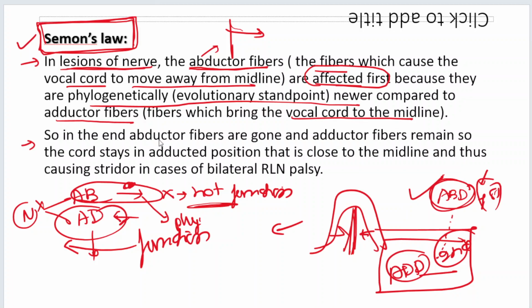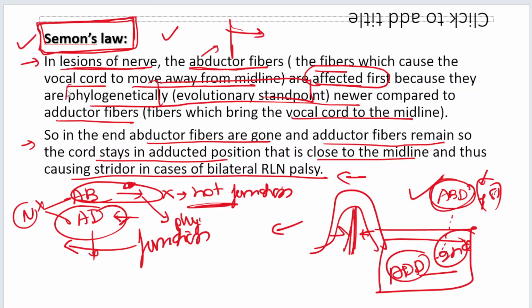So in the end, abductor fibers are gone. Adductor fibers remain. So the cord stays in an adducted position, close to the midline, and thus causes stridor in cases of bilateral recurrent laryngeal nerve palsy. This is Semon's law. Semon's law is from a phylogenetic or evolutionary point of view. The abductor fibers came recently.